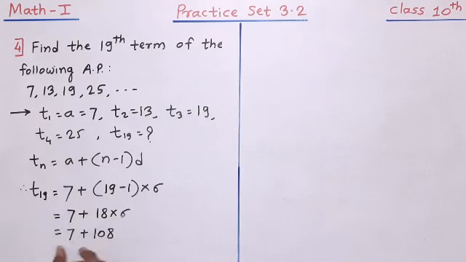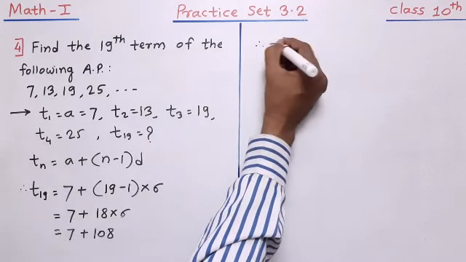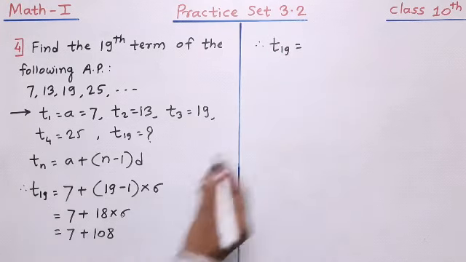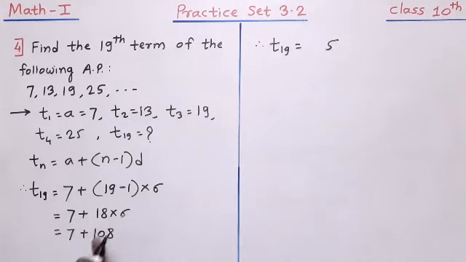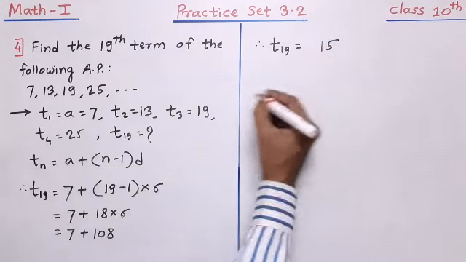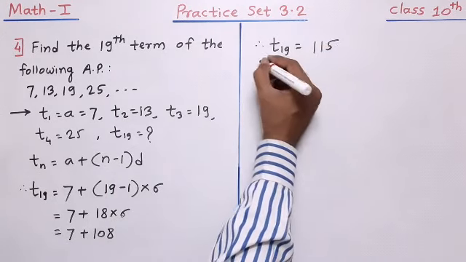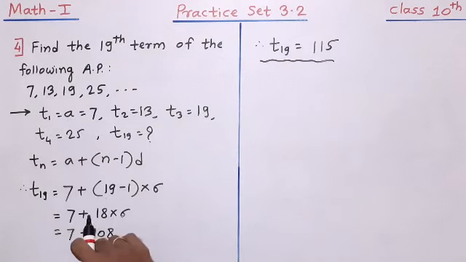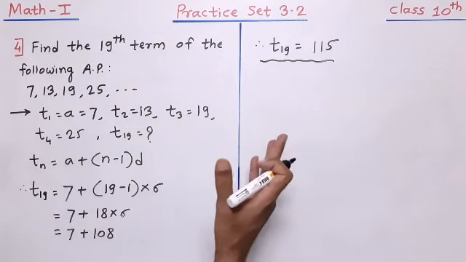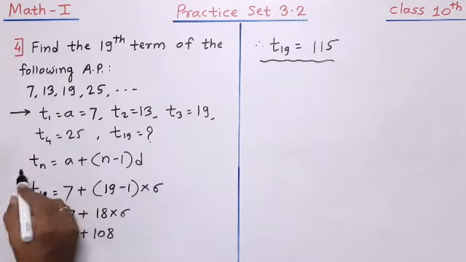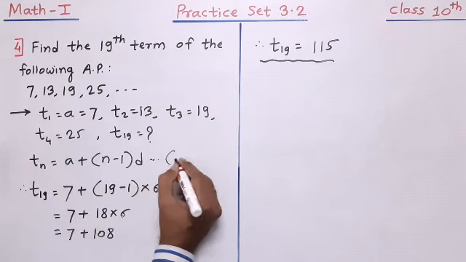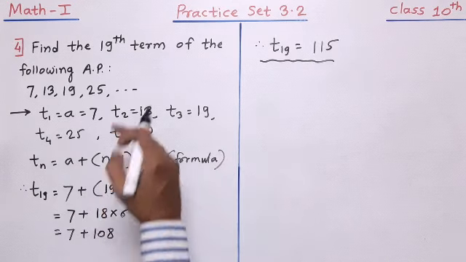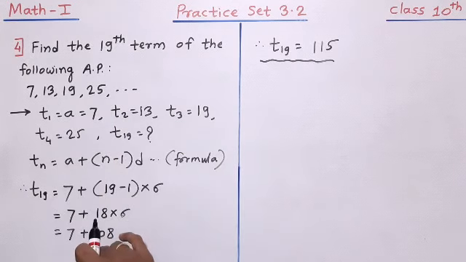Now if we do this addition, we get the 19th term of the given AP: 8 plus 7 is 15, carry 1, 0 plus 1 is 1, and 1 will be as it is. So 115, this is the 19th term of the given AP. In this way we can find any term in the given AP by using this formula. Don't forget, this is a formula which is very helpful to us for finding any term in an AP. Is that clear?